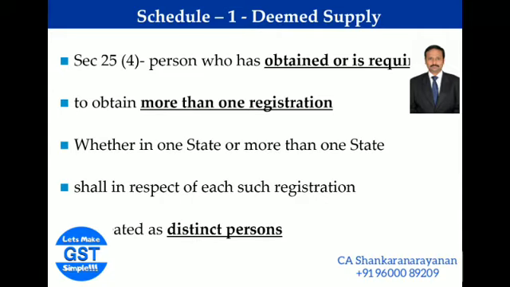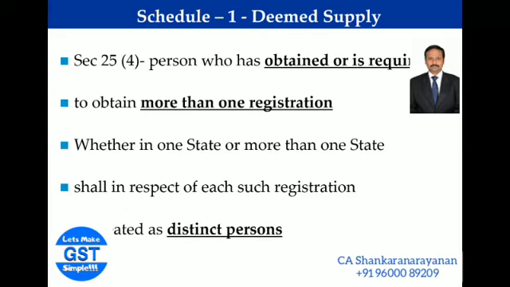In the same example, I'll add a piece of further twist. I have got a registration in Chennai, I have got a registration in Madurai, which is another city in Tamil Nadu, and I have got a registration in Bangalore. 3 places. Now, Chennai to Madurai, what is the transaction called?